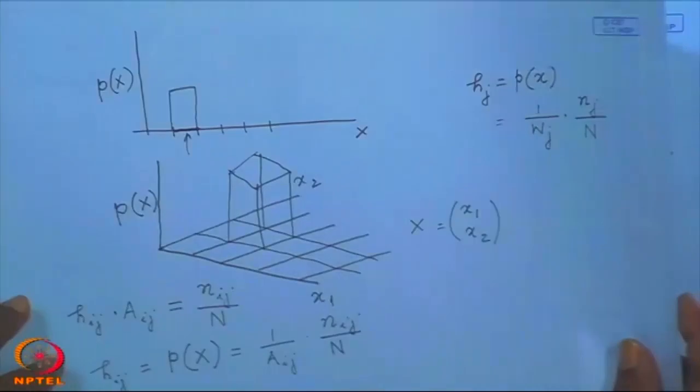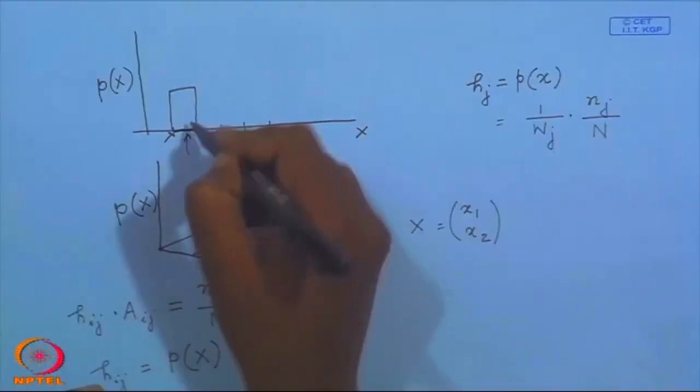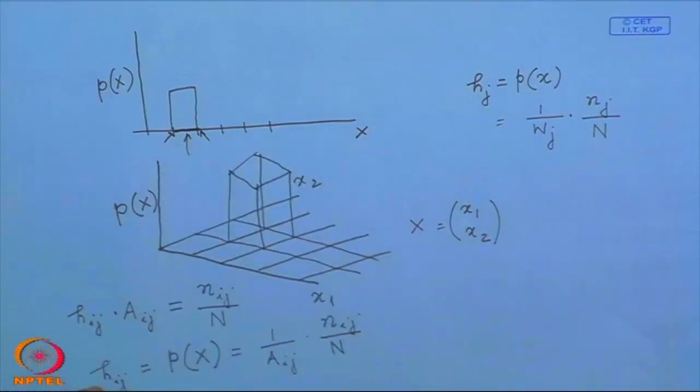So, to estimate the probability density function in each cell or each bin, I need to find out how many points or how many training vectors are actually falling in the bin. In case of one dimension, I know the minimum boundary of the line segment, I know the maximum boundary of this line segment.